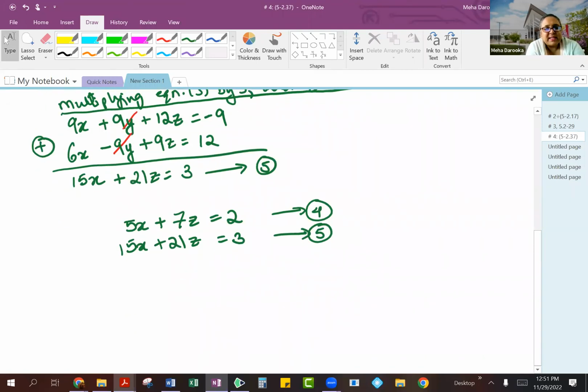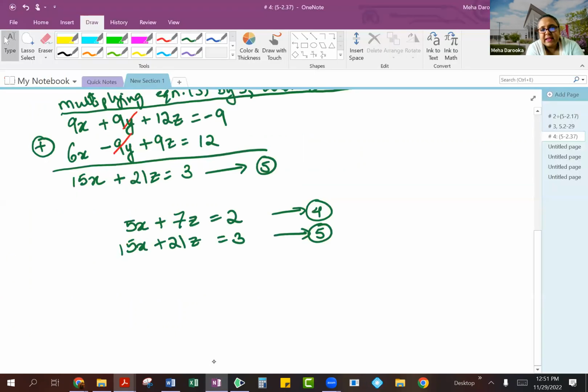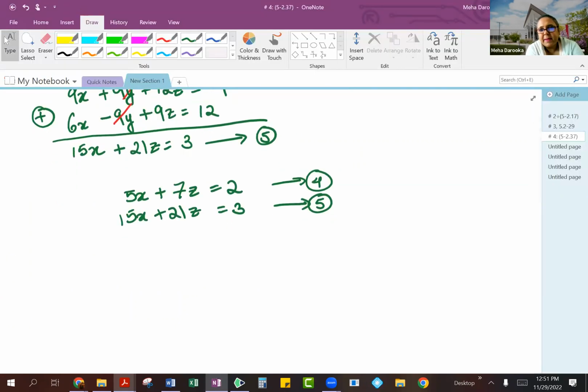Like I was telling you before, since they're asking us to keep z available, let's not get rid of z and let's get rid of x. So what would you do to eliminate the x? What kind of calculation would we need to do so we can get rid of x?